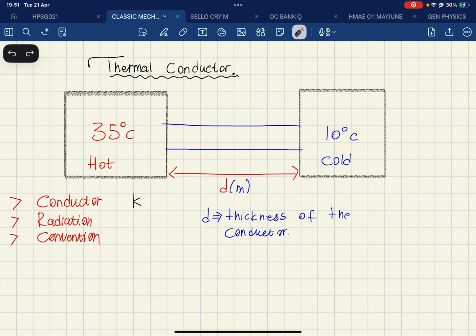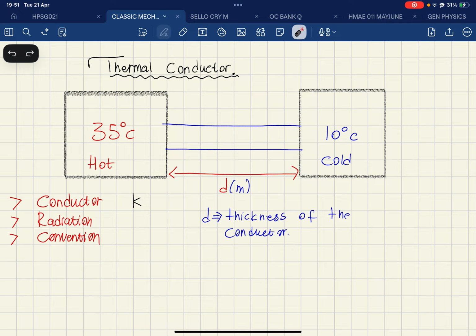Sometimes our conductor can be rectangular or square in shape. Whenever it is like this, our area will be length times breadth.